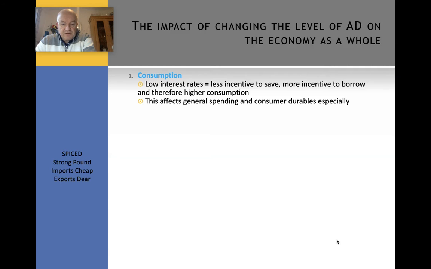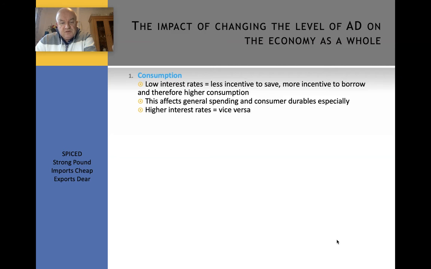That's clearly going to affect general spending and consumer durables especially, particularly when you think about it. In most instances, people are borrowing money to finance large purchases, like, for instance, cars or white goods, furniture maybe, and also possibly housing.